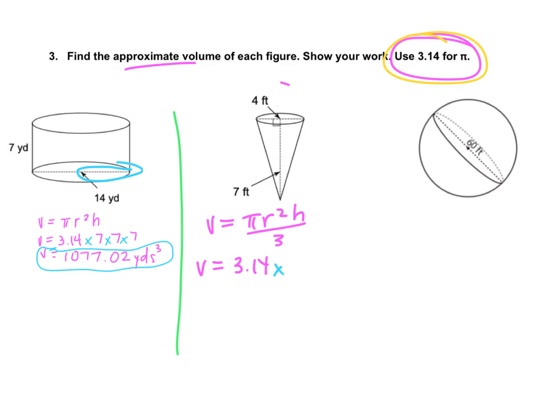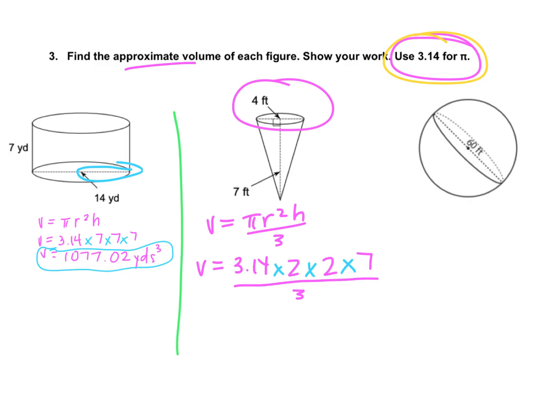We need 2 of the radiuses. Okay, they did it again. They gave us the diameter. So to get the radius, we have to cut that in half. So that's 2 times another 2. We need 2 of those. And then times the height of the cone, which is 7. And then all of that gets divided by 3.